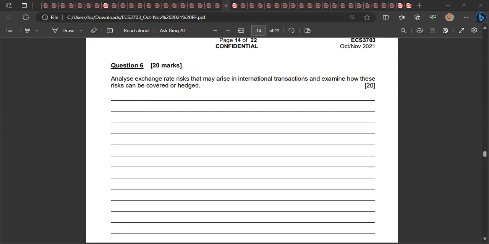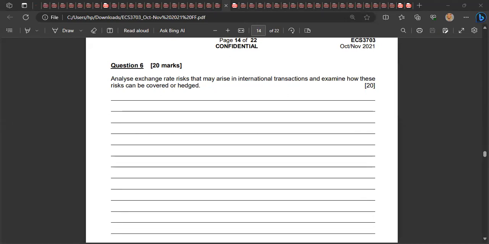But what I would say about money market hedges is that you might want to borrow or invest in a certain currency to try and offset an exchange rate risk. So in your quest to offset a foreign currency risk, you want to invest maybe in that other foreign currency so that you can match the cash flows.